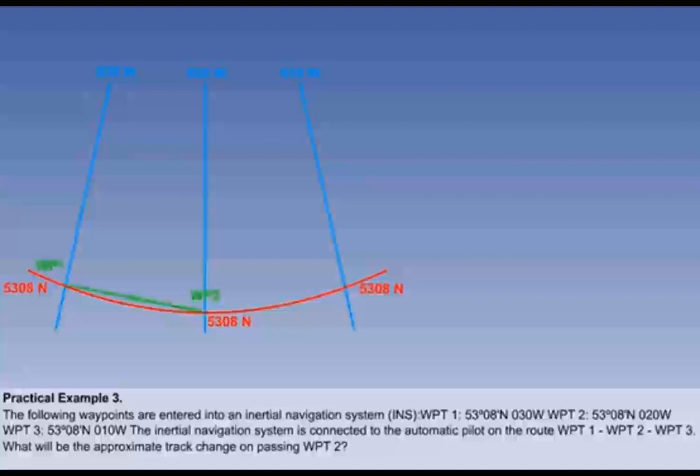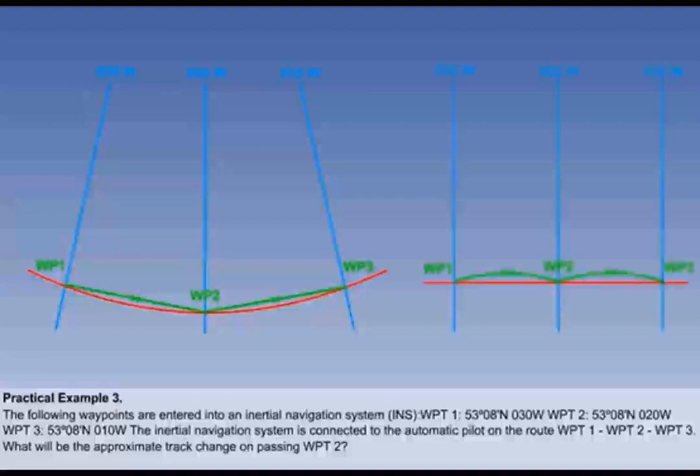It takes the aircraft from waypoint 1 to waypoint 2, and then from waypoint 2 to waypoint 3. This produces a significant track change at waypoint 2. It might be easier to see it in this diagram.